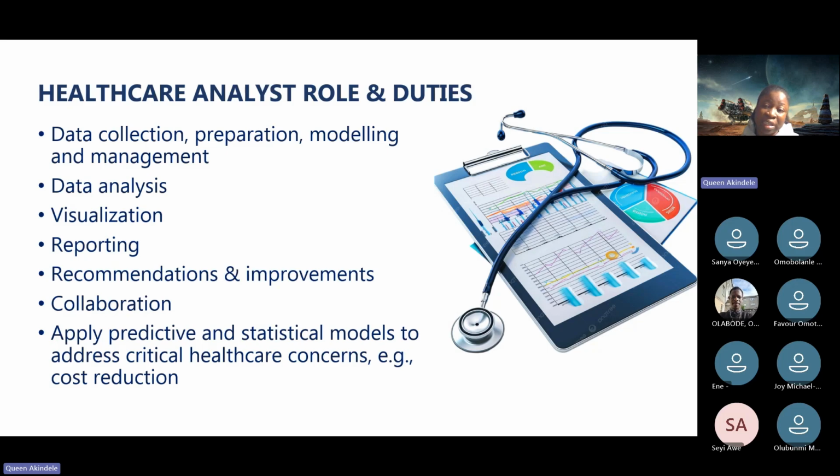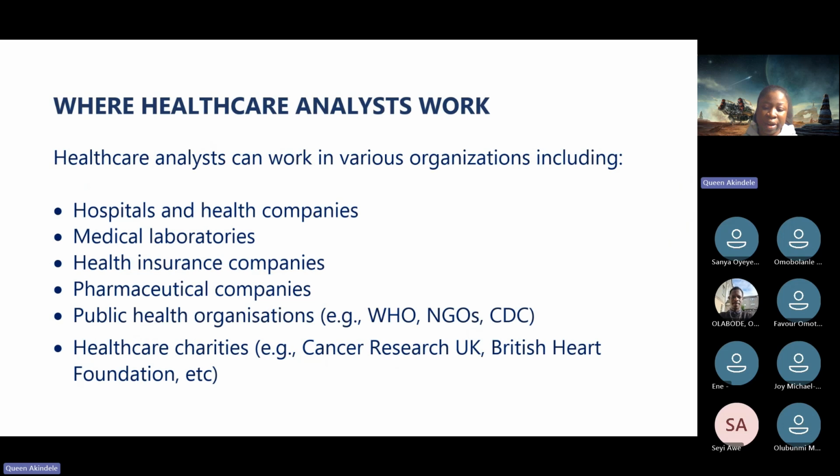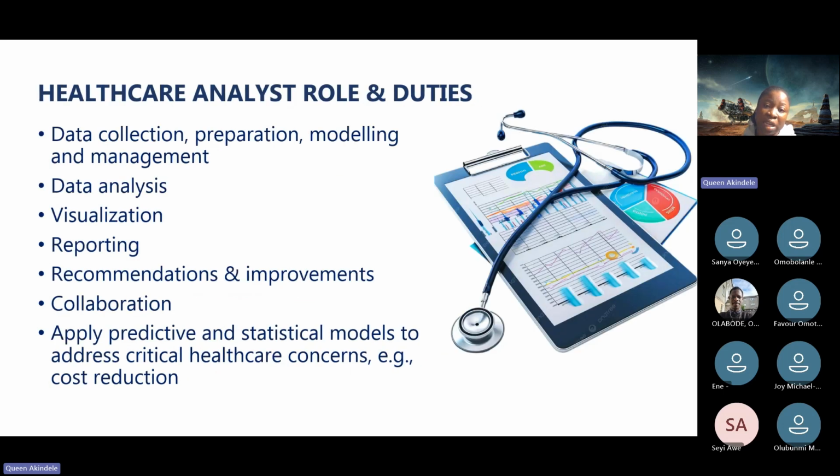So let's say the challenge they have is that a lot of patients are coming in and there are insufficient beds. How can they manage this situation? You want to analyze your data, see what the situation is. Why can't we have enough beds?